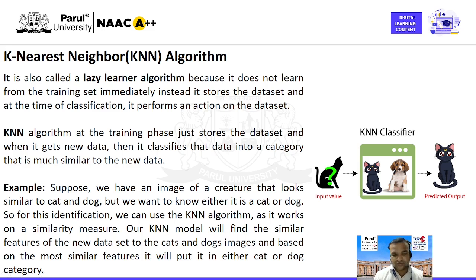Based on those most similar features, it will put it as either dog or cat. The predicted output will be cat here because this image is almost similar to the cat image. Got it? So this is the basic concept behind the KNN classifier.